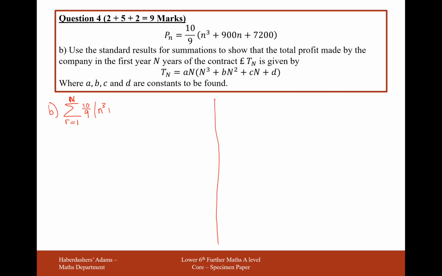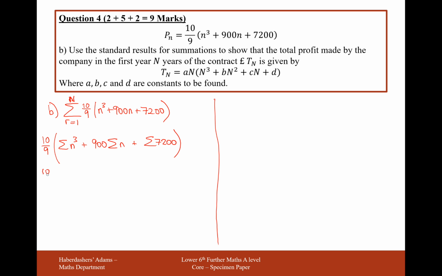N cubed plus 900n plus 7,200. Okay, let's bring this 10 over 9 out to the front and then split up these series. So it's going to be the summation of n cubed plus 900 lots of the summation of n, plus the summation of lots of 7,200s.